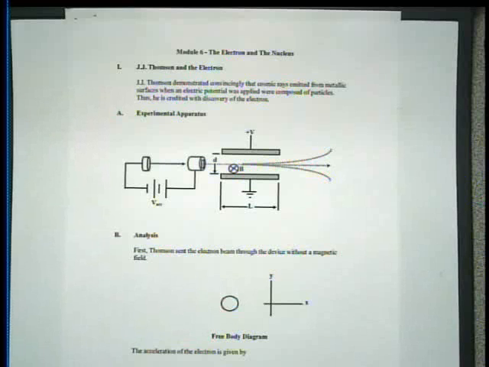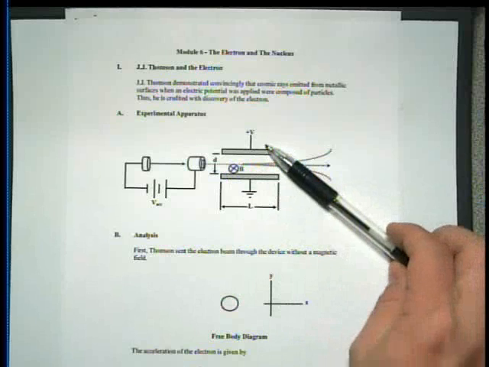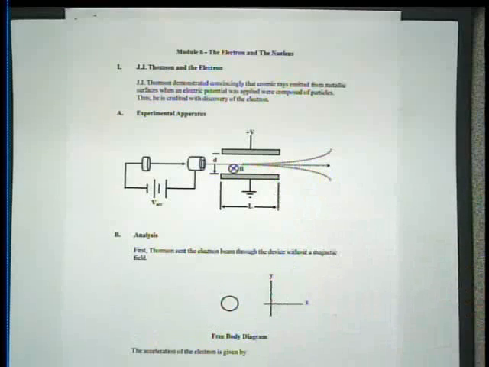What Thomson did is, A, he got a very good vacuum. And second, in addition to this, he also put a magnetic field perpendicular to it that could cancel the electric field. Those two things make this experiment really unique.